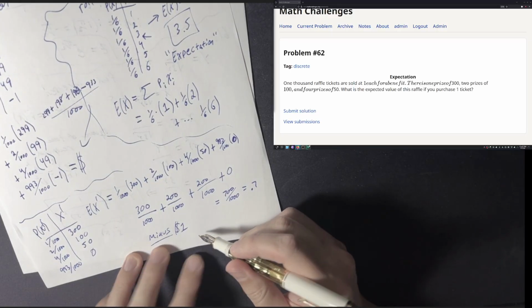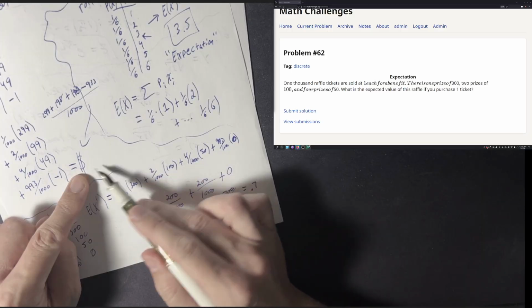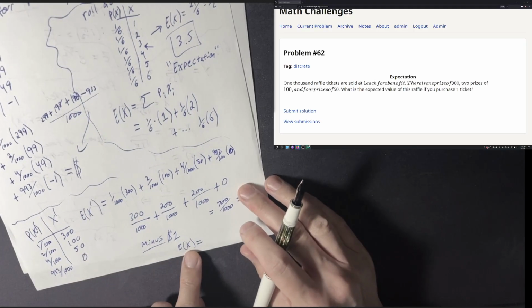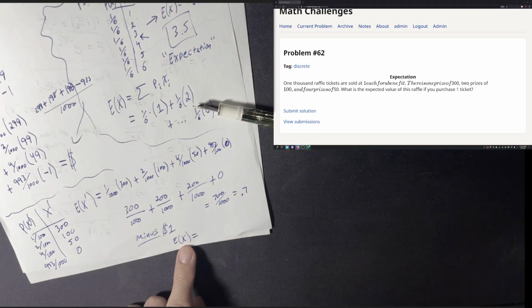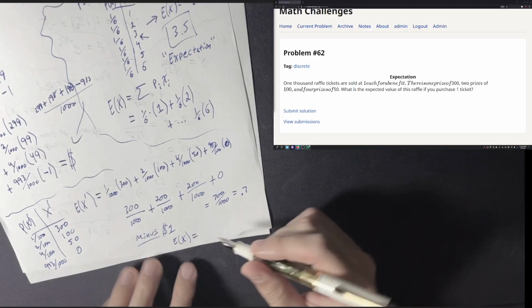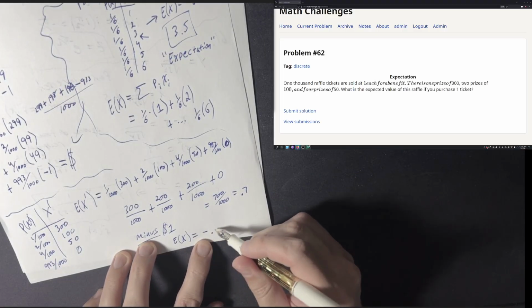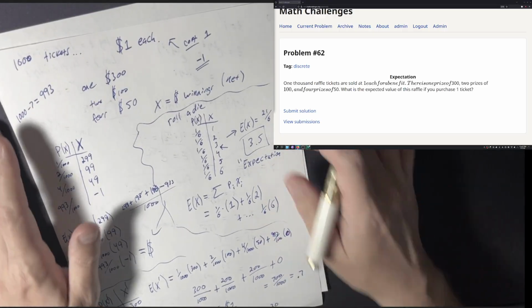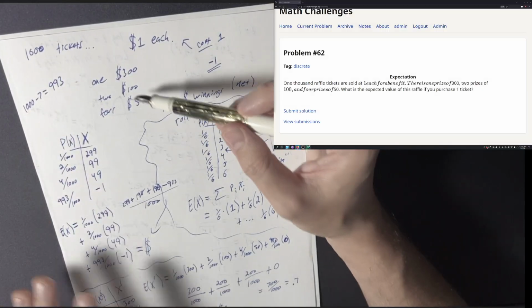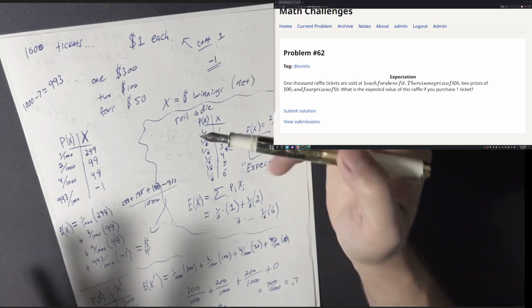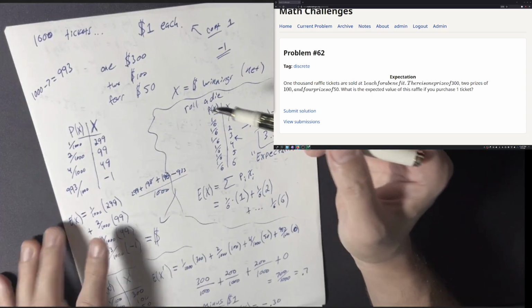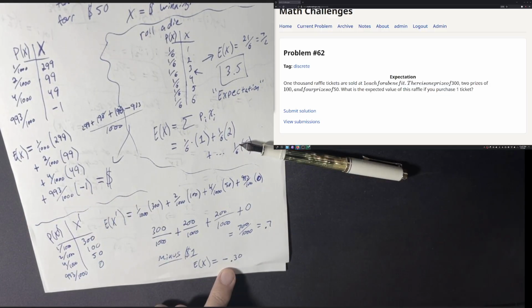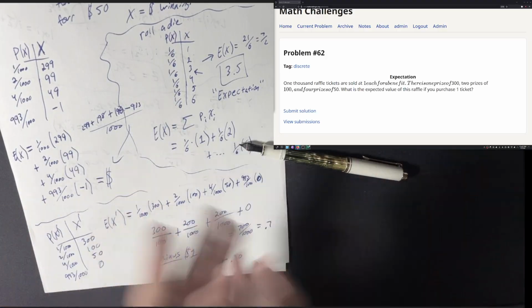So the expected value for your actual net winnings is 0.7 minus 1, which is negative 0.3. So on average, you would lose 30 cents by playing this game, which I realize doesn't make any sense. You'll lose $1. But this can give you, I mean, first of all, not only is this true, it's sort of like the median winnings, if that means anything.